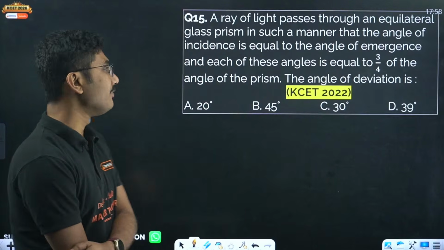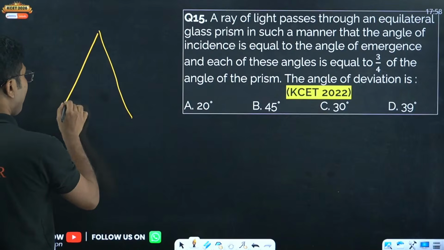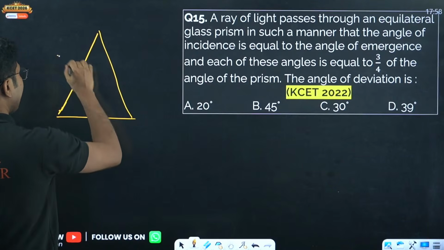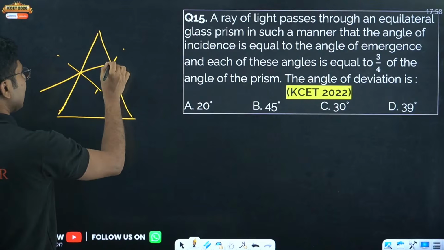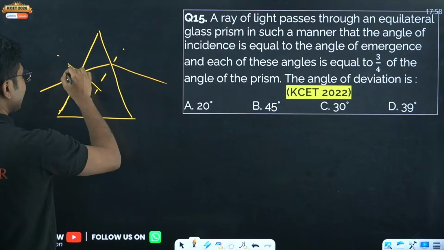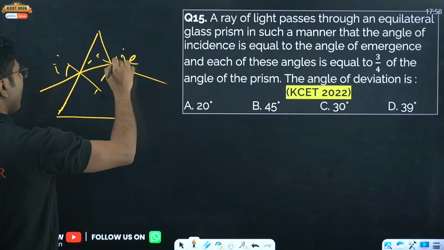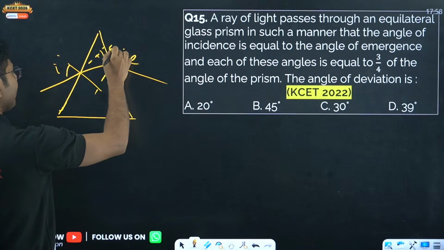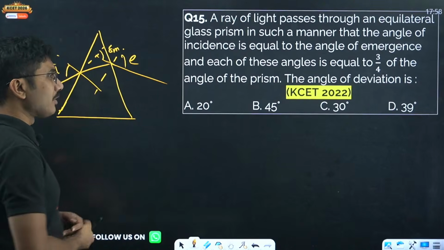The angle of deviation is? If light enters a prism such that the angle of incidence is equal to the angle of emergence, then definitely this is the case of angle of minimum deviation. But anyway, that is not required to solve this question.